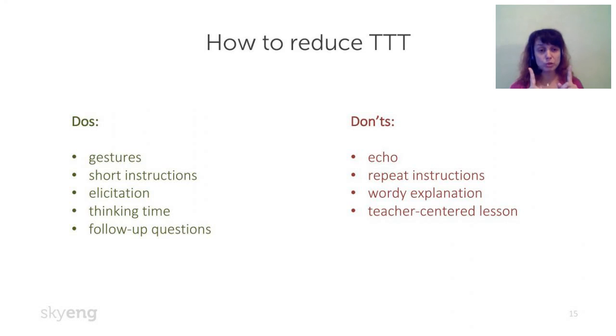If you give a very short instruction, which just means do this, they understand you clearly, you don't have to repeat. If you elicit rather than explain, so it's basically the same information, only in the form of questions, they feel involved and they react, they say at least something, they are more involved, and they increase their speaking time, and yours is a bit reduced.